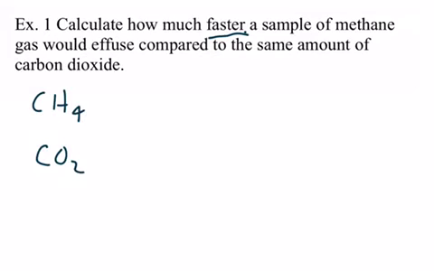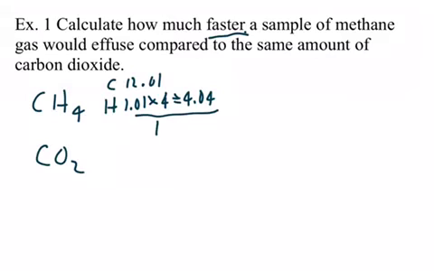If you go to the periodic table, carbon is 12.01, hydrogen is 1.01, but there are 4 of them in methane, so that's 4.04. The molar mass of methane is 16.05 grams per mole. Now let's do the same thing with carbon dioxide down here.